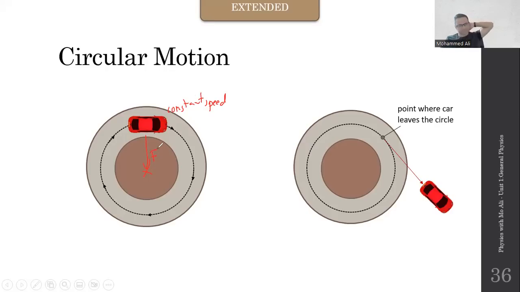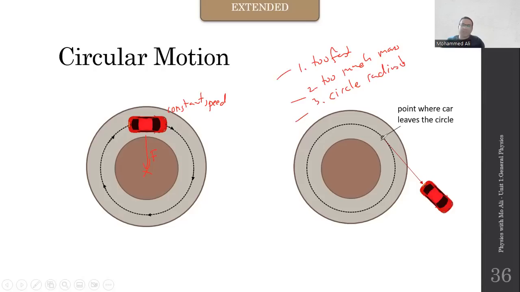Now, as the object turns and goes around the circle, if it either, number 1, moves too fast, or number 2, it has too much mass, or number 3, the circle's radius is too small, if any of these happen, the force that's pulling you towards the center will not be enough to keep you in a circle.